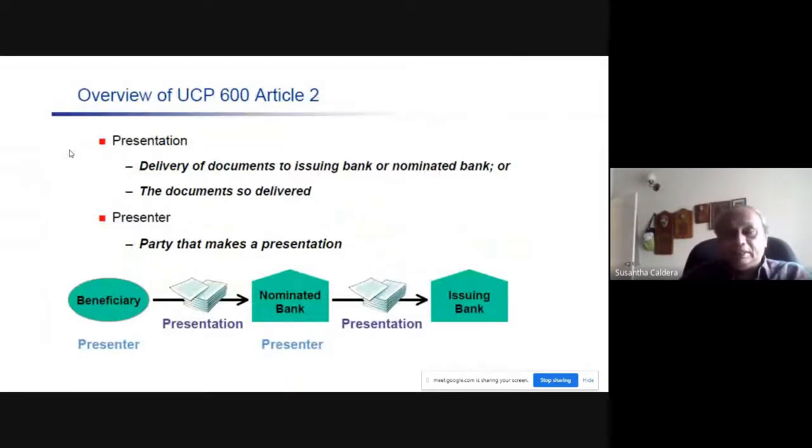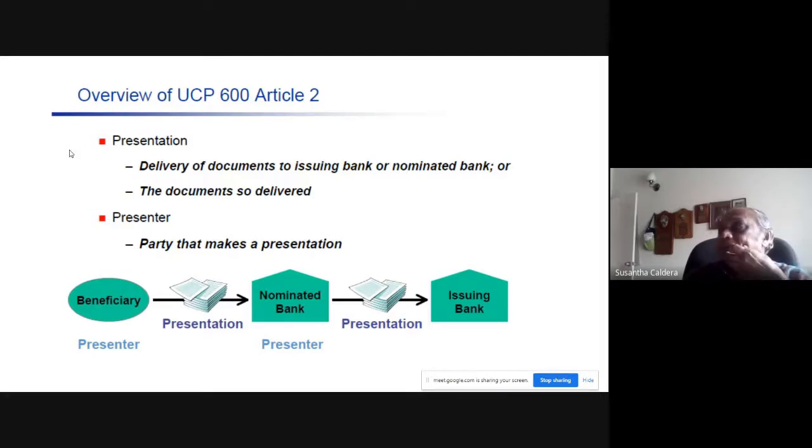Presentation. Presentation means delivery of documents to the issuing bank or nominated bank, or the documents so delivered. The presentation closely covers all the nitty-gritty things.